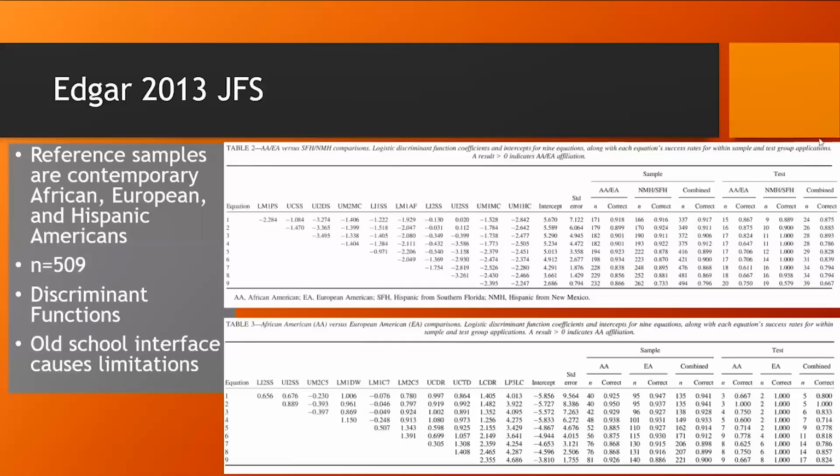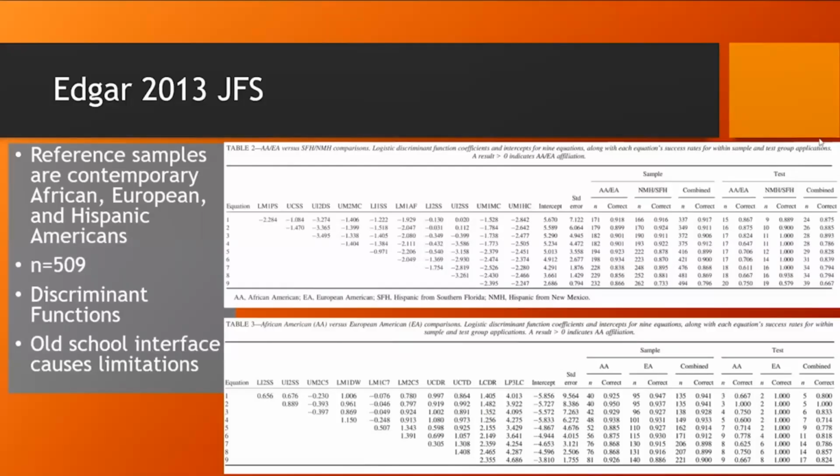If you do have a variety of different teeth available for study, then it's a fairly simple thing to do. You use one equation to first tell if an individual is African American or European, or Hispanic American. I use Hispanic because here in New Mexico, that's the term that's most commonly used.